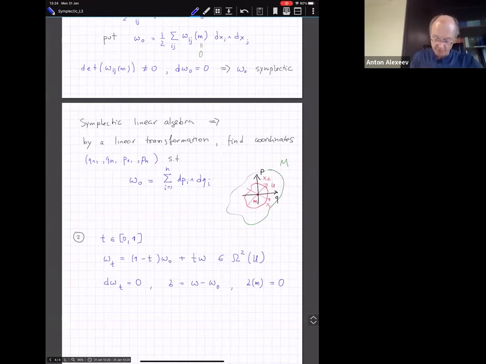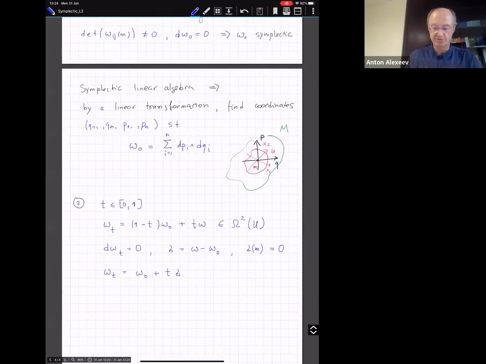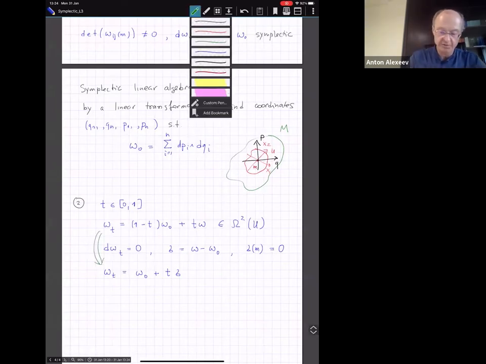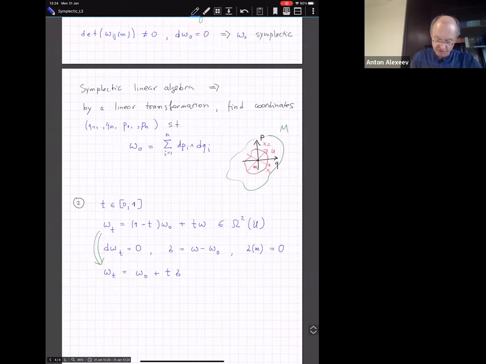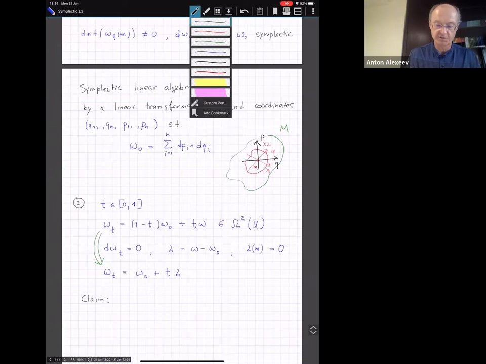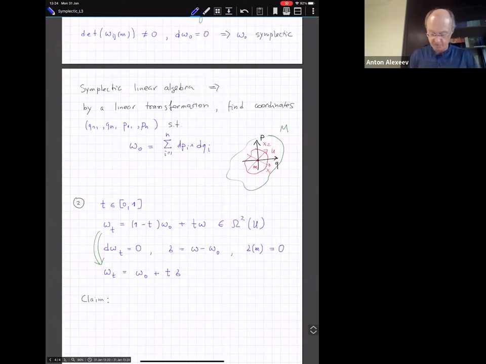So maybe I rewrite omega t in the following way: this is omega naught plus t times sigma. This is just an equivalent rewriting. Now here is a claim, and for the first time I kind of cheat. I don't want to prove it in detail. So the claim is as follows.